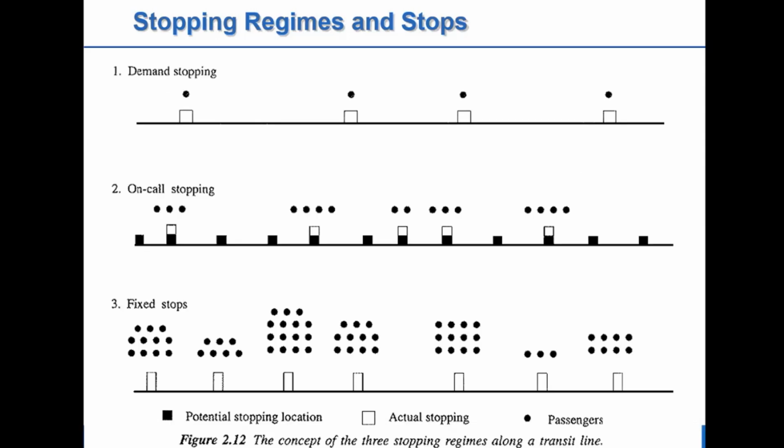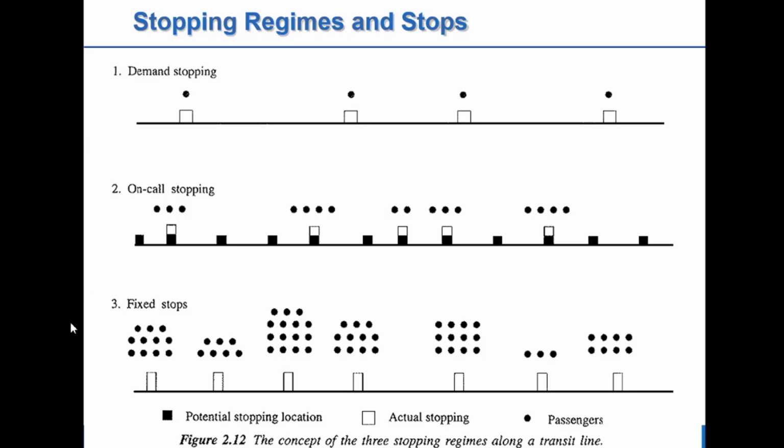For example, in on-call stopping, if at station number 2 we have demand from 3 people, it will stop only there. If the other points did not mention any demand, it will move on directly, and so on.